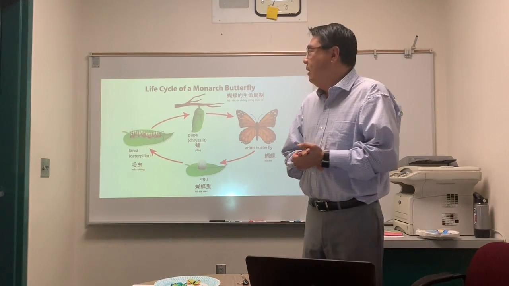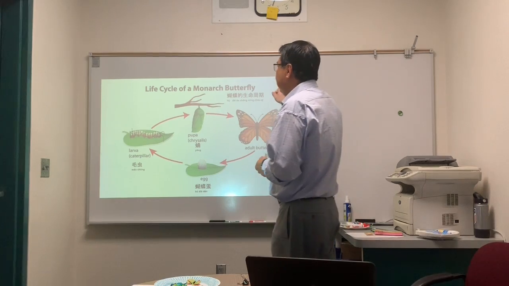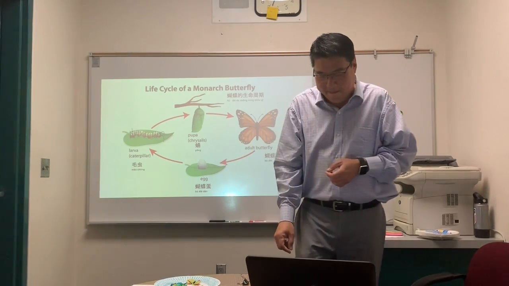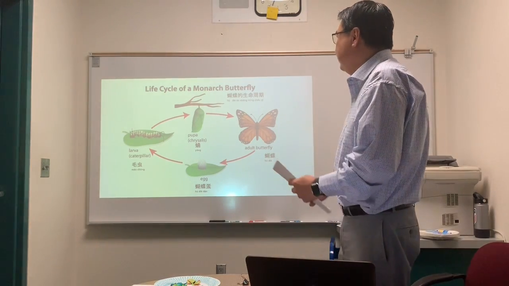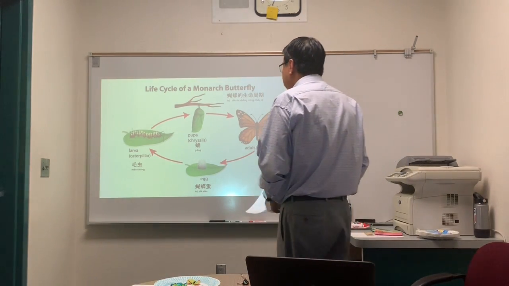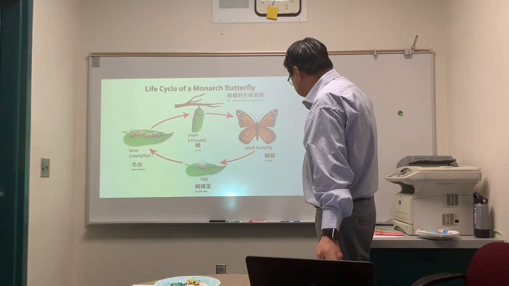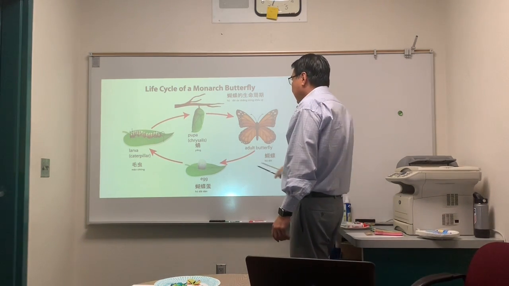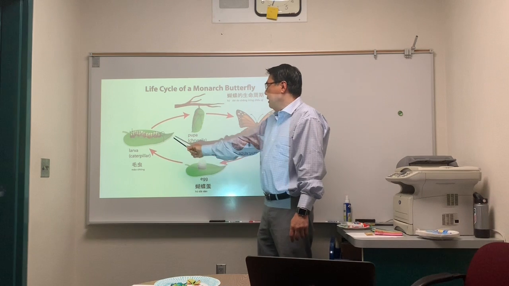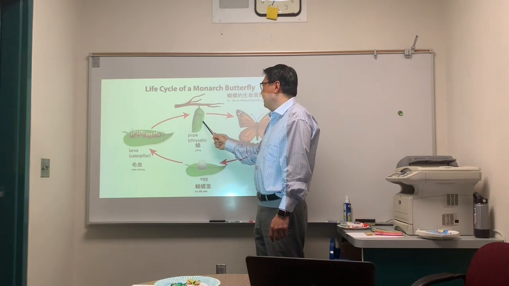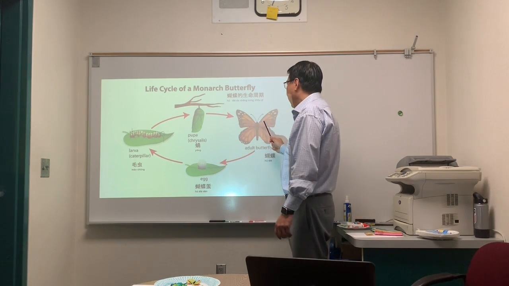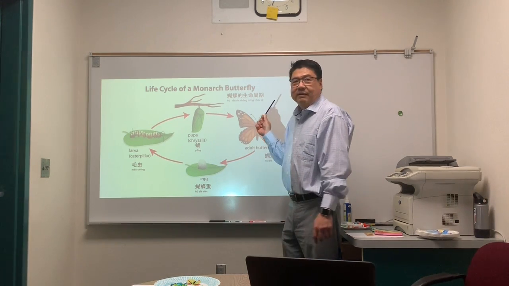We are going to talk about the life cycle of a butterfly. Now, can you see just now? You saw the eggs, which is over here, the eggs. And then it turns into a caterpillar. And then it turns into a chrysalis. And then it becomes an adult butterfly.